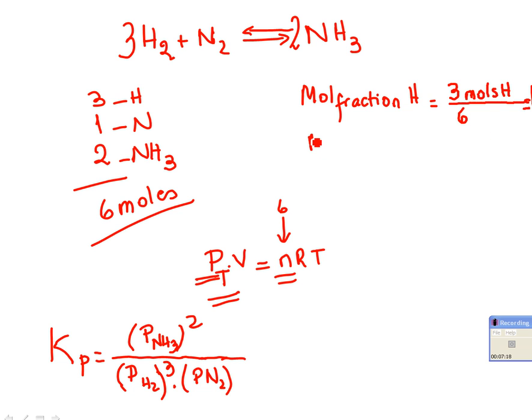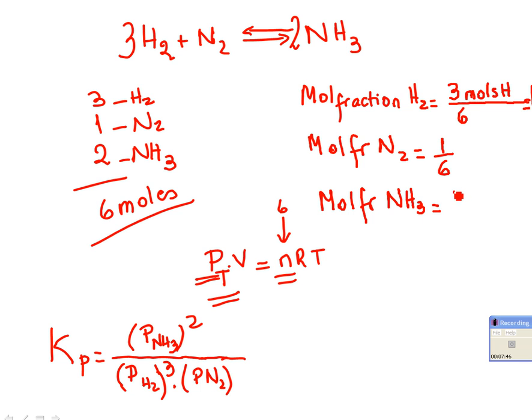The mole fraction of nitrogen, and I put hydrogen molecule and nitrogen molecule, please, because they don't exist like that, is going to be 1/6, yes? And the mole fraction of ammonia is going to be 1/3.